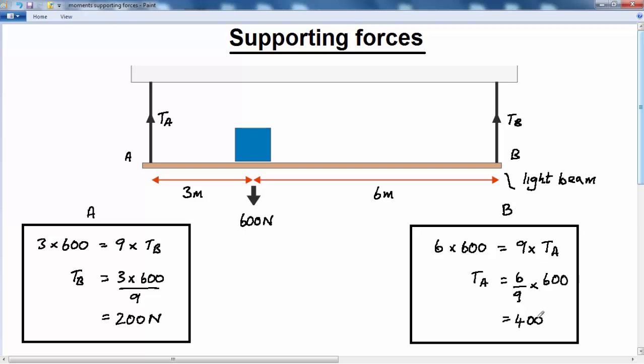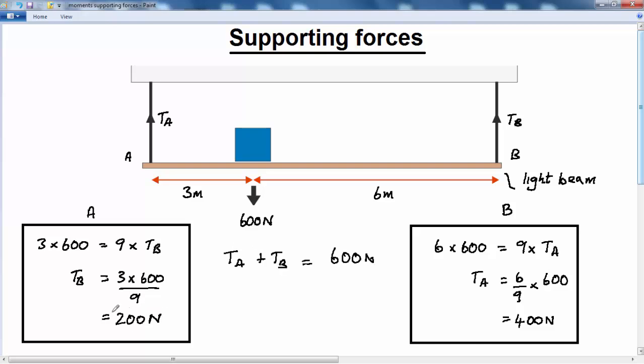So you'll see straight away that you didn't actually need to do that calculation, because what we're calculating here are forces that are acting in the vertical direction. We've got a 600 Newton force acting that way, and we've got two tensions which are acting in the opposite direction. And clearly, if this setup is in equilibrium, then TA plus TB must be equal to the weight acting downwards.